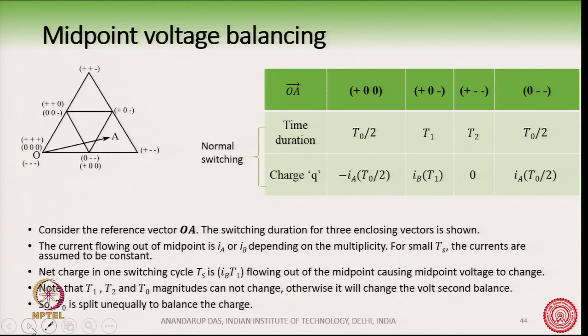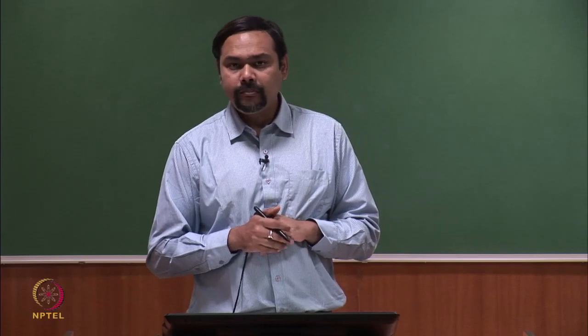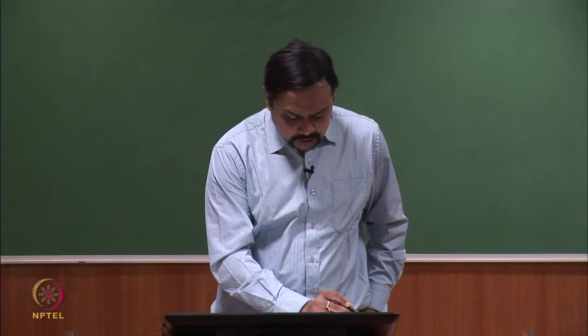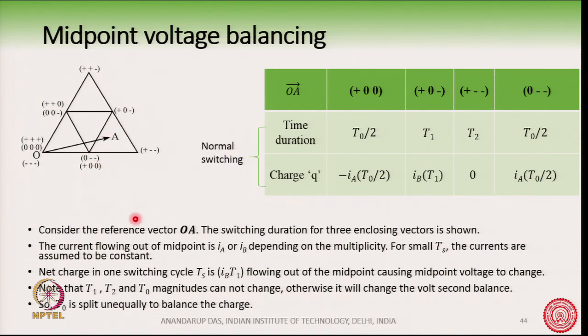Let us now come back to what we were discussing, and we will now see how we can make the midpoint voltage fluctuation minimum using some clever PWM techniques. So consider this reference vector OA.